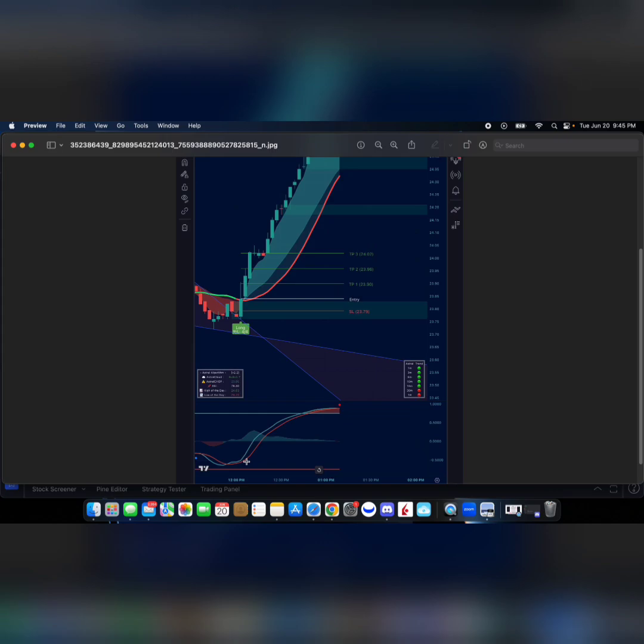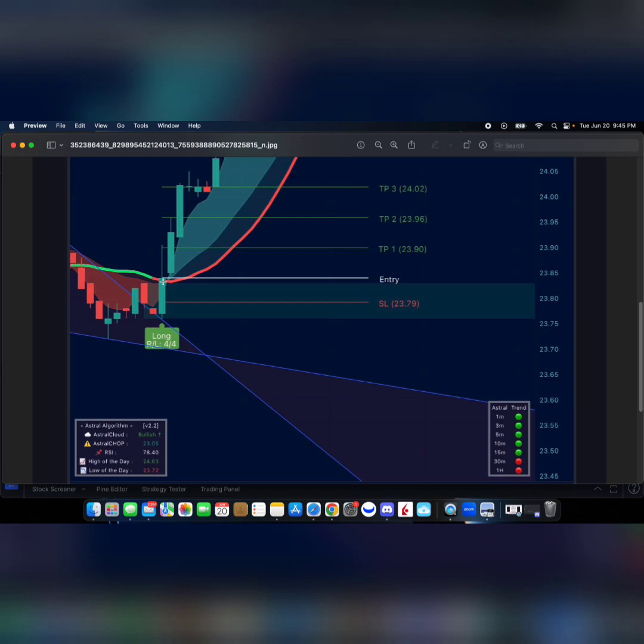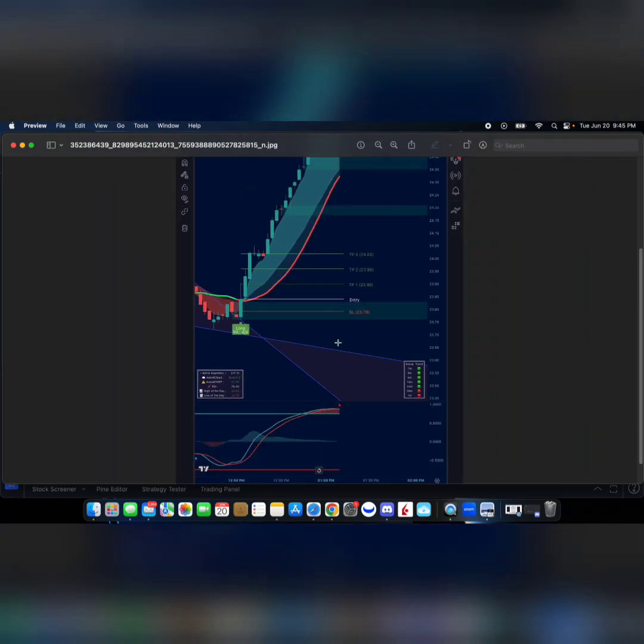So it crosses over, and the entry price would be over here. It didn't look like it crossed over, but probably a little sliver. I can't even tell, maybe just a sliver, but it went over and candle closed. So right there, you look at this and you look at this. I would play calls all day.